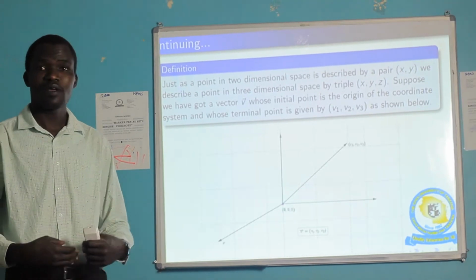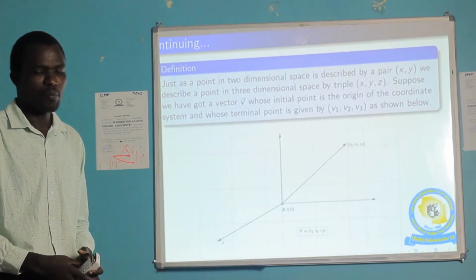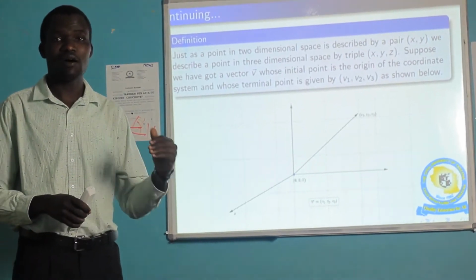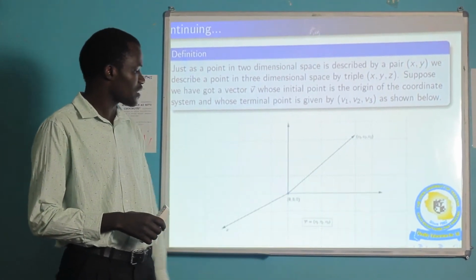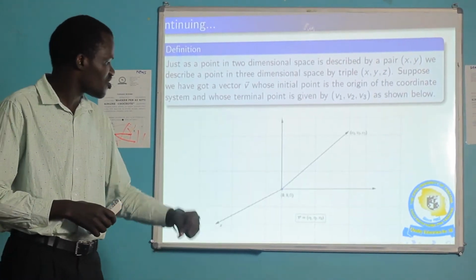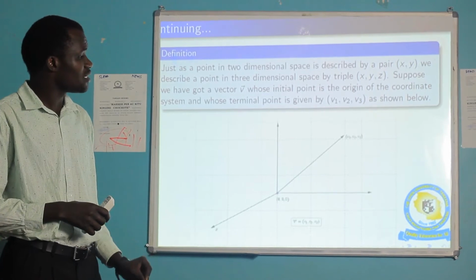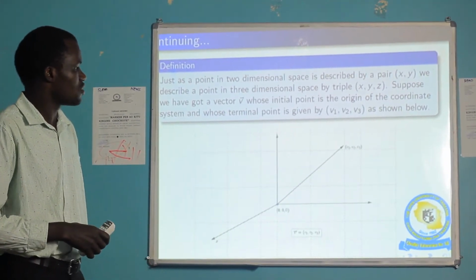Also, it must have an initial point and a terminal point, but every point should have 3 entries. For example, here we have a vector starting from the origin 0, 0, 0, and its terminal point is v1, v2, v3.